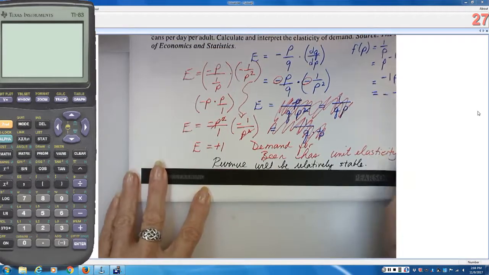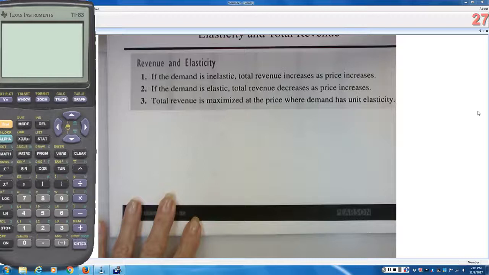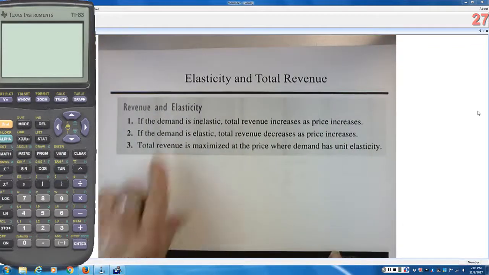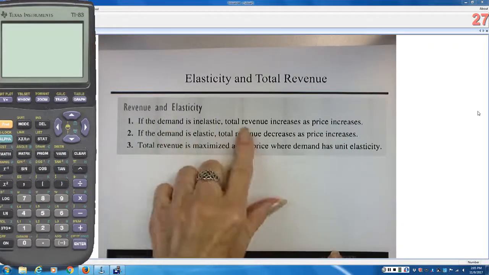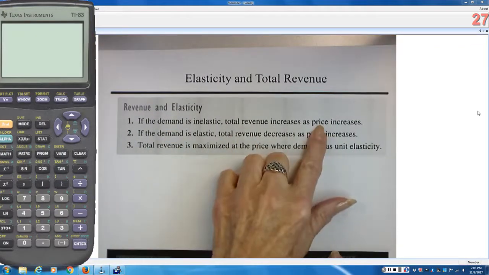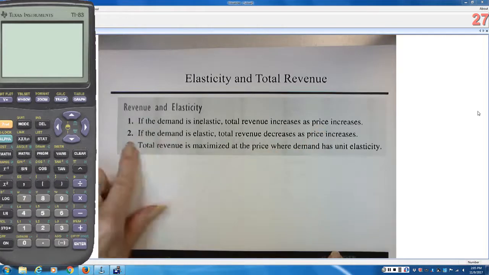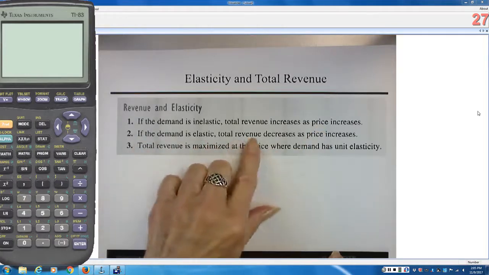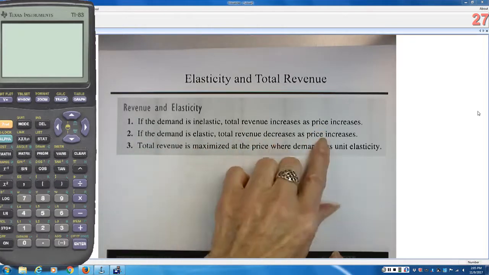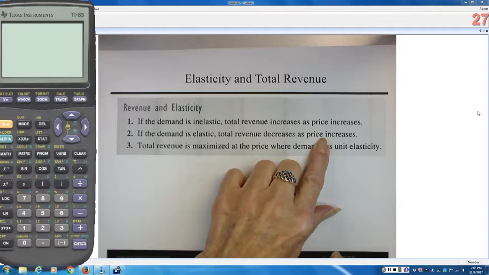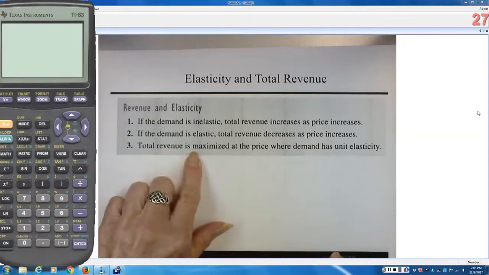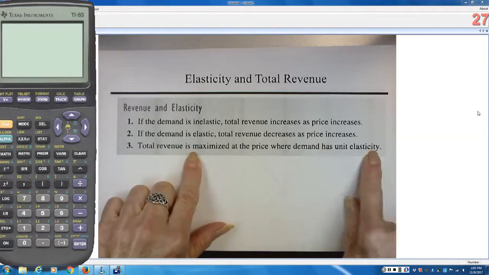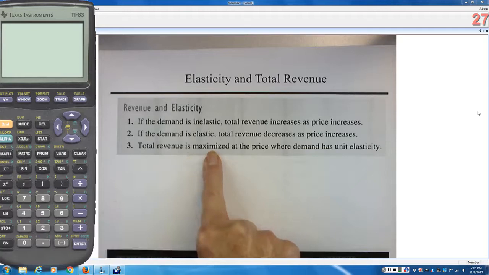So that's actually the next topic that we're going to take up. Just a quick summary here. If the demand is inelastic, total revenue increases as price increases. If the demand is elastic, total revenue decreases as the price increases. If you have a unit elasticity, your revenue is maximized. That's an important thing to know about.